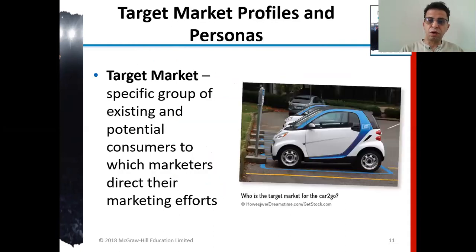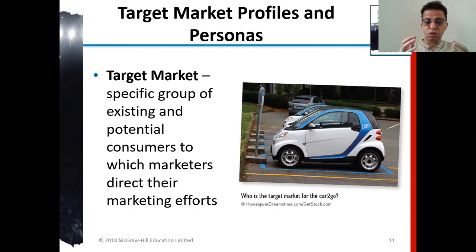Now, target market profiles and persona. A target market is a specific group of existing and potential consumers to which marketers direct their marketing effort.